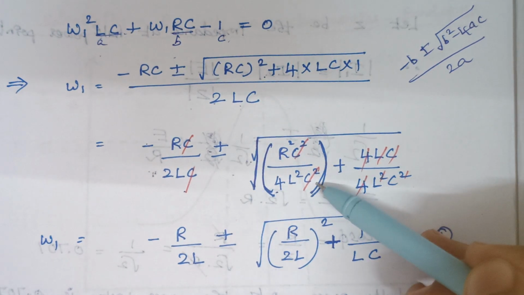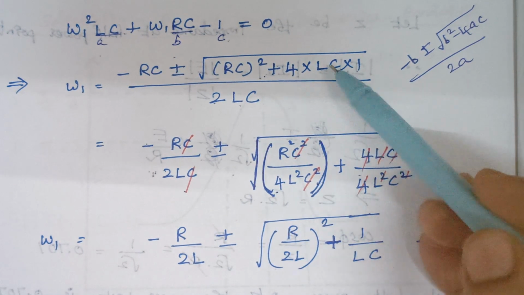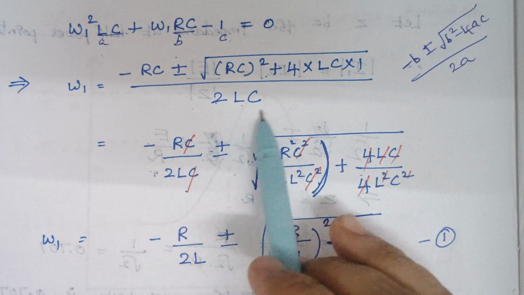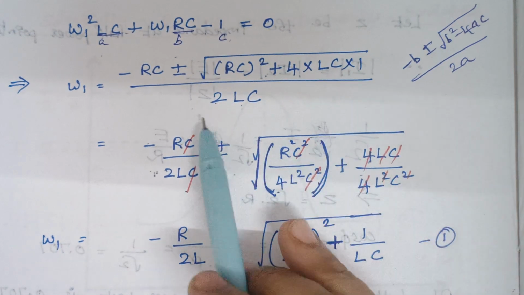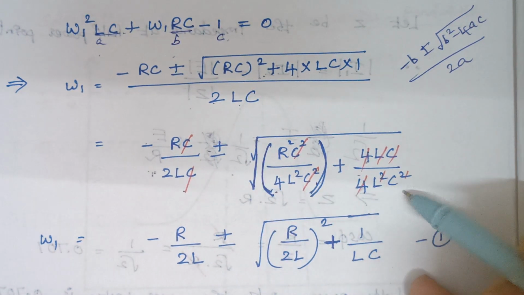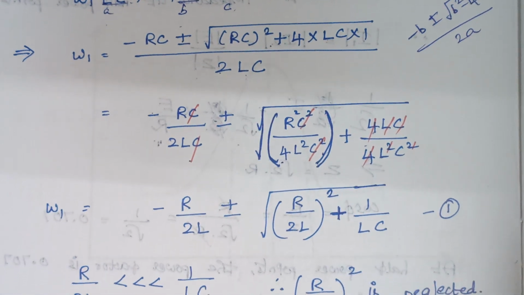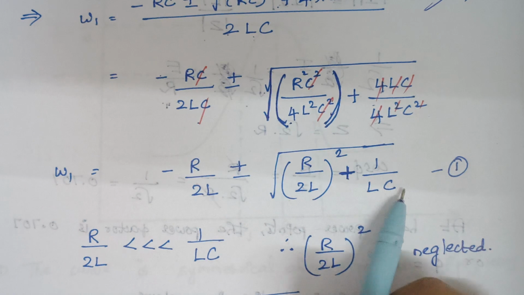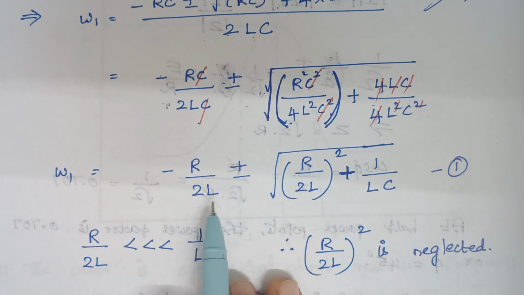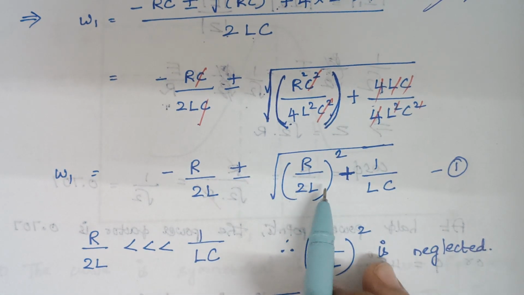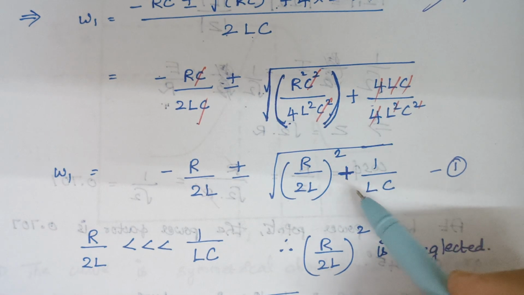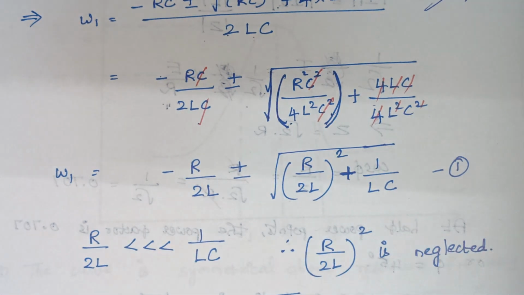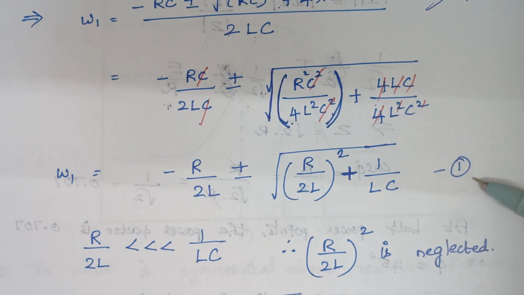So that is what I had written here. Plus again 4LC divided by, again when you bring this term inside the square root, you have to square it. So again 4L square C square. So when you cancel the common terms, finally we end up with the expression like this: minus R by 2L plus or minus square root of (R by 2L) the whole square plus 1 by LC. Right. So let this be our equation number 1.